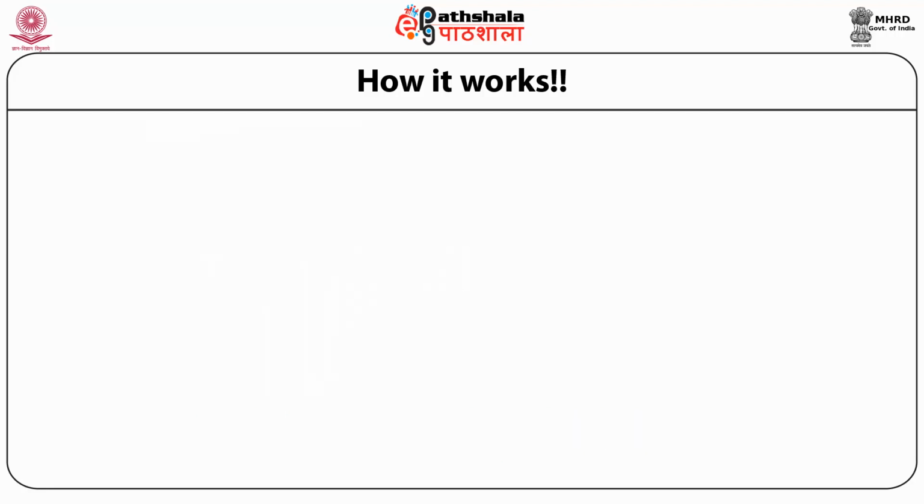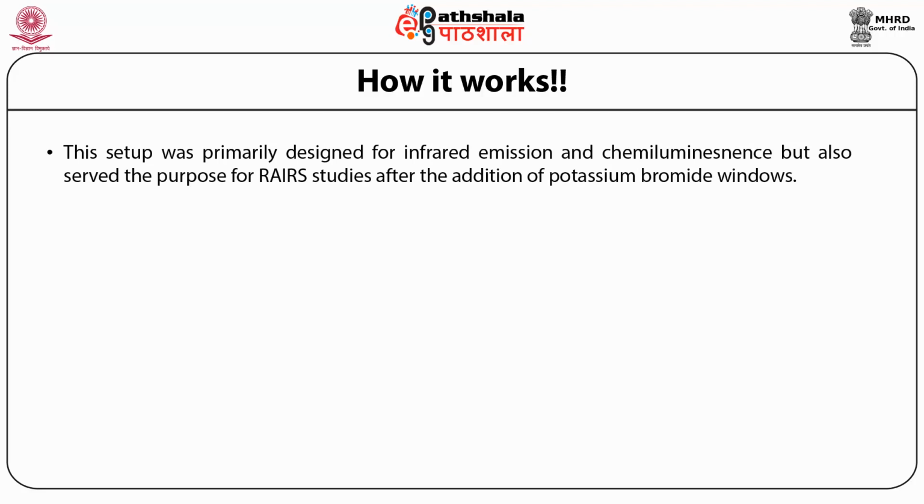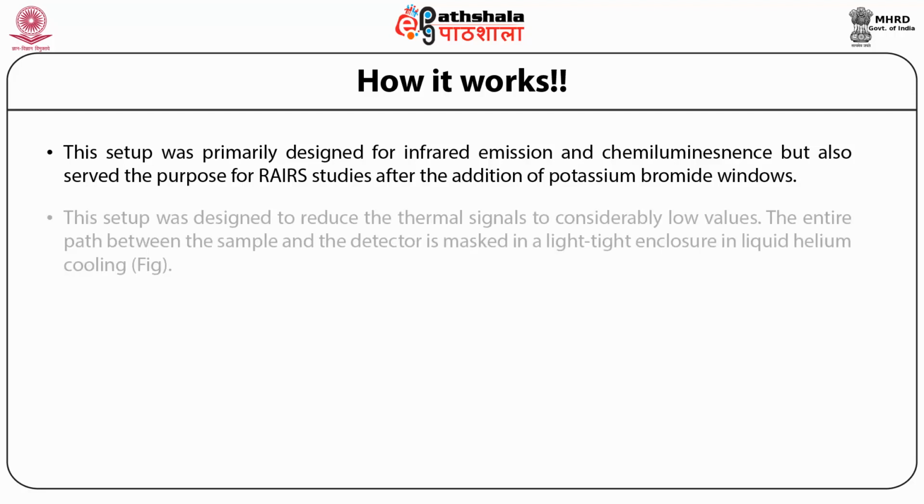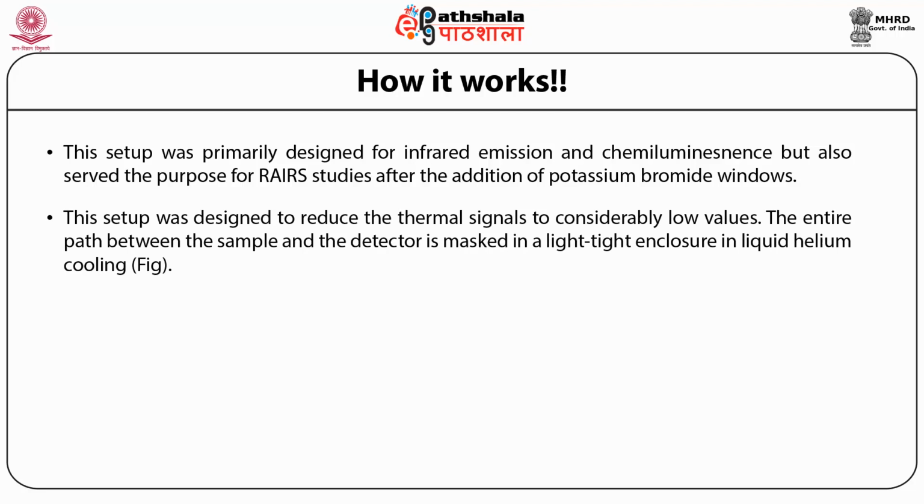This deals with the setup. The setup was primarily designed for infrared emission and chemiluminescence, but also served the purpose for RAIRS after the addition of potassium bromide windows. This setup was designed to reduce the thermal signals to considerably low values. The entire path between the sample and the detector is masked in a light-tight enclosure with liquid helium cooling.